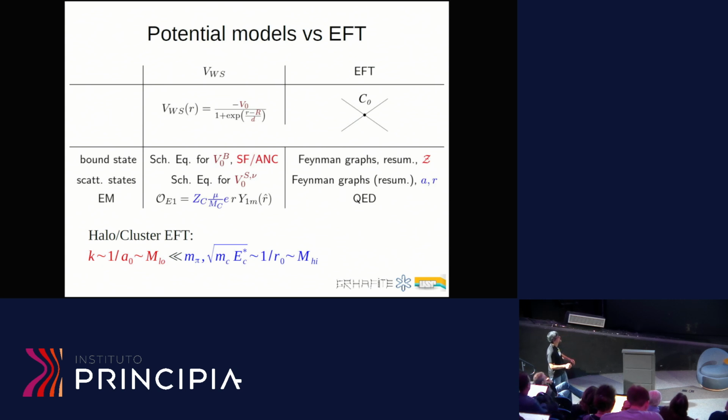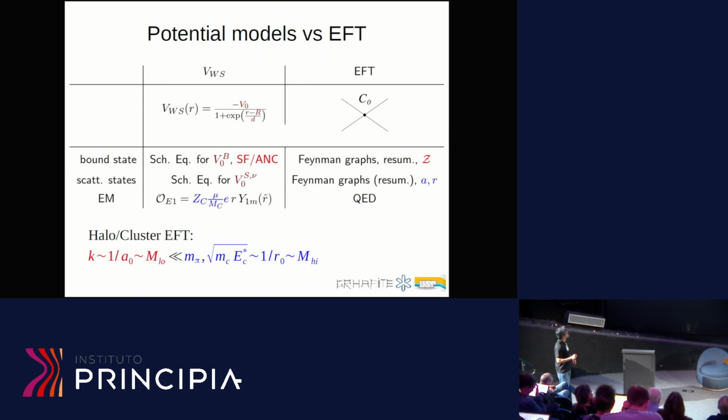But in EFT, you replace this interacting potential by contact interactions. At the leading order is just a momentum-independent contact one, and then momentum dependence introduces the size and also all the other complications in a perturbative way.